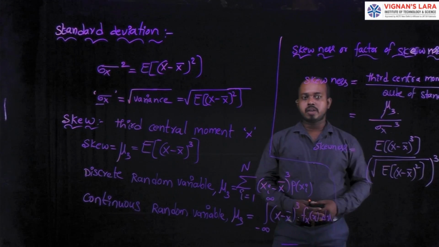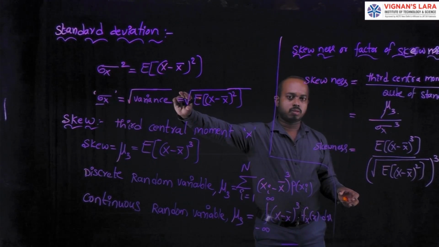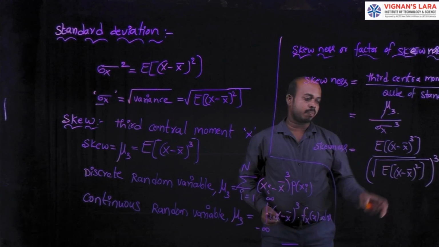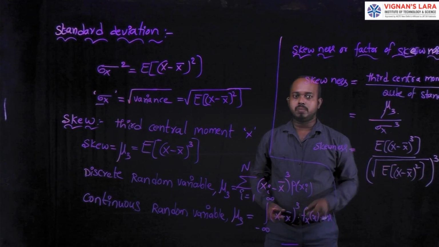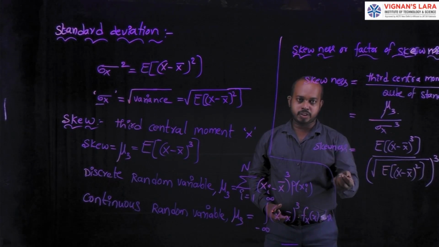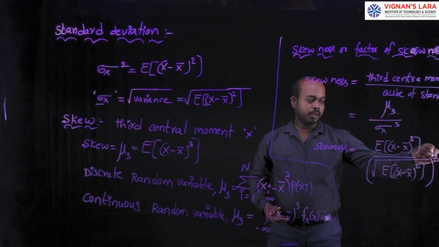How to obtain the standard deviation? We can find the standard deviation from the variance. The quantity we have for the standard deviation, we represent in the denominator. Then the power of the standard deviation is 3, that's why I represent the cube here.